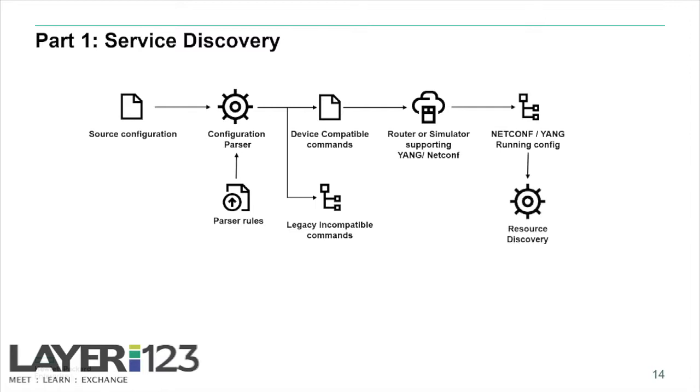Out of that, we then do a resource discovery. And we create the resource structure, which consists of the Yang-generated models and the legacy incompatible commands, which the system wasn't able to understand. Mind you, some of these systems are 10 years old. Nobody was dreaming of Yang 10 years ago.